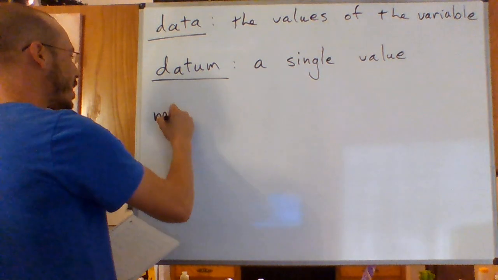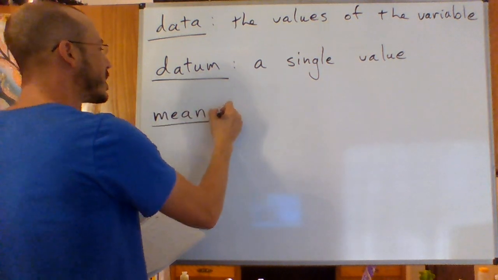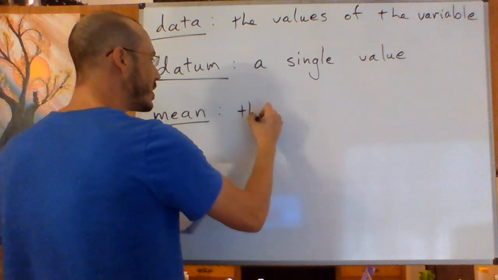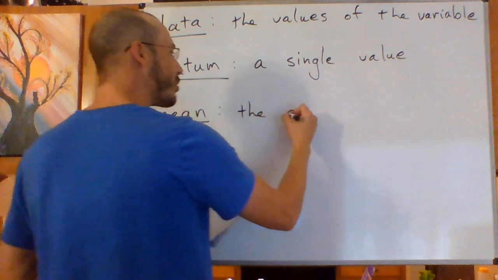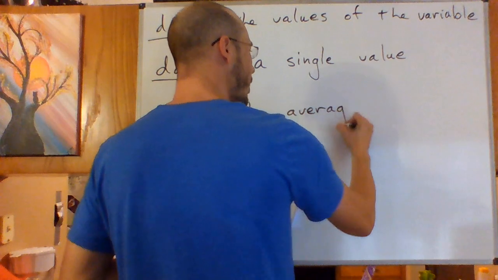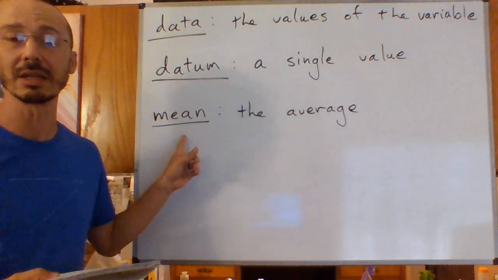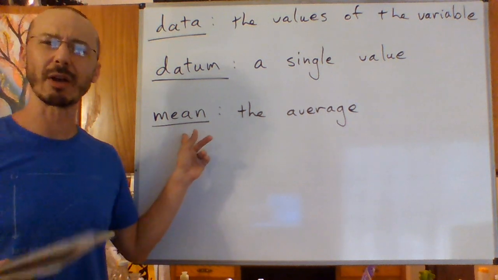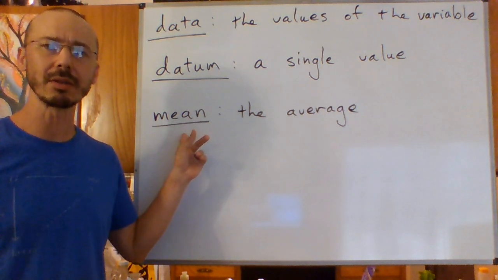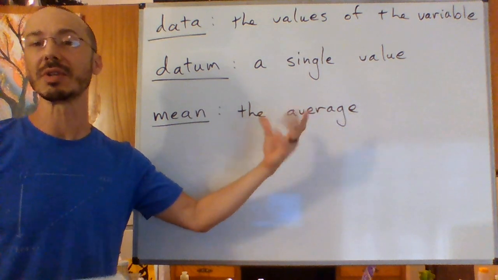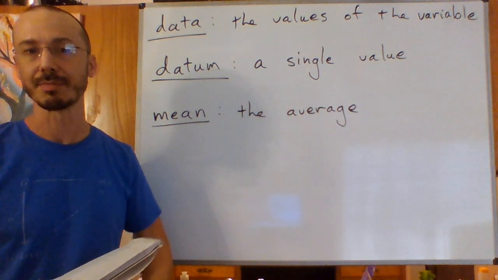Two more things. The mean is, I've already mentioned it a little bit, but we call it the average. And it's technically what we call the average is the mean, or the arithmetic mean, or the ordinary average. Add the numbers, divide by the number of numbers.